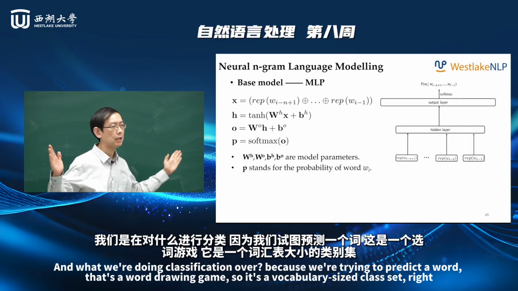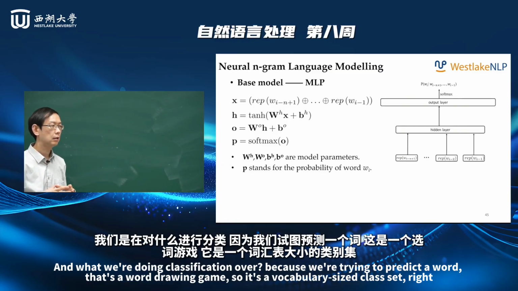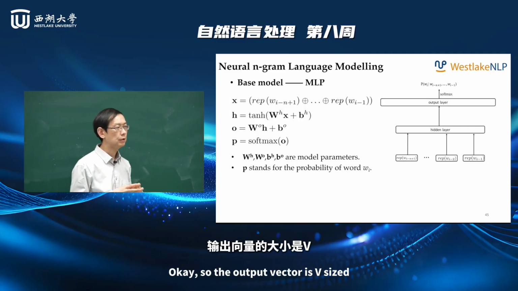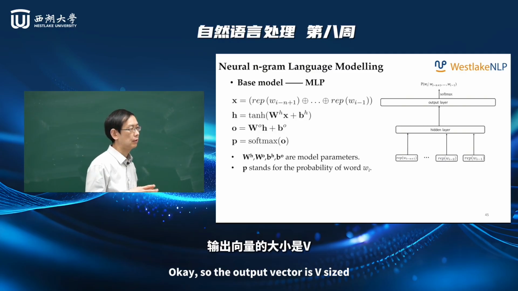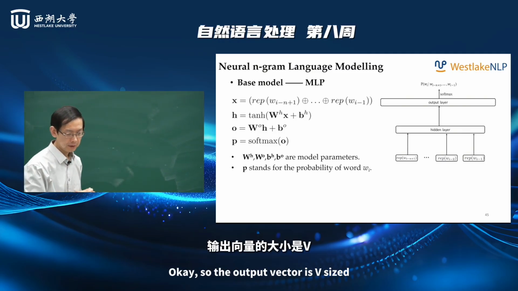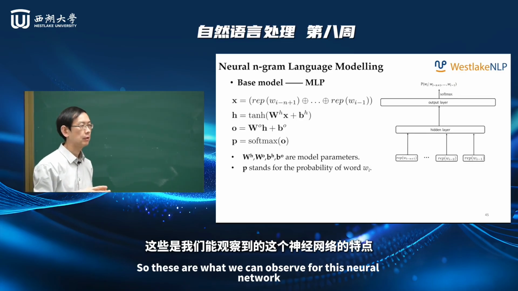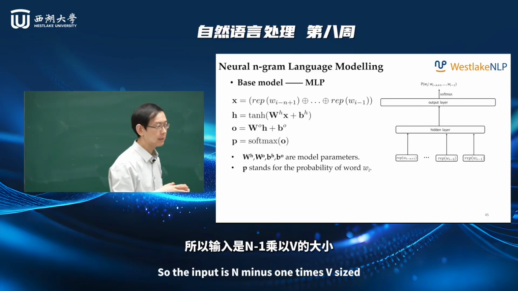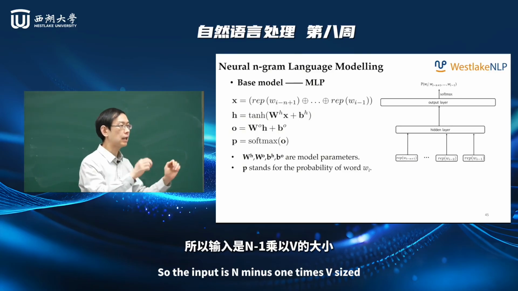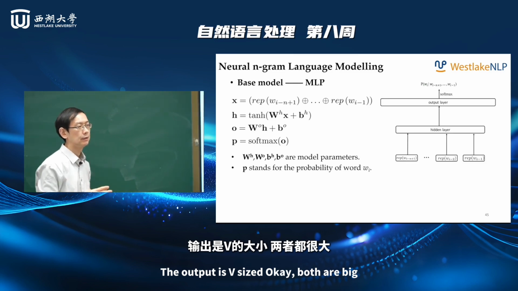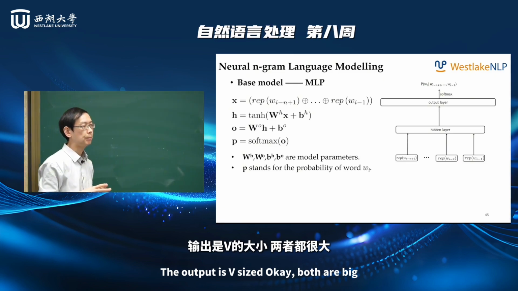So it's a vocabulary size class set, so the output vector is V sized. So this is what we can observe for this neural network: the input is n-1 times V sized, the output is V sized. Both are big.